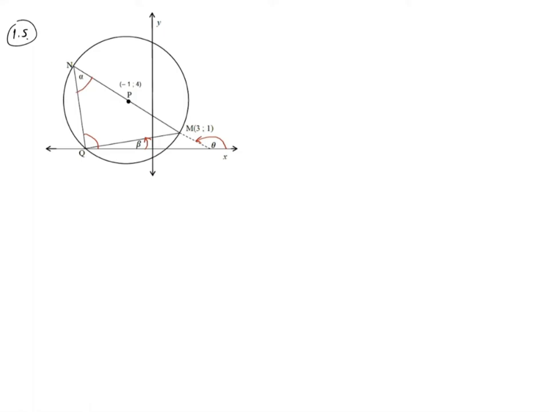We say tan theta is equal to the gradient of MN. This is the tangent theorem. So from here, tan of theta is equal to minus 3 over 4.